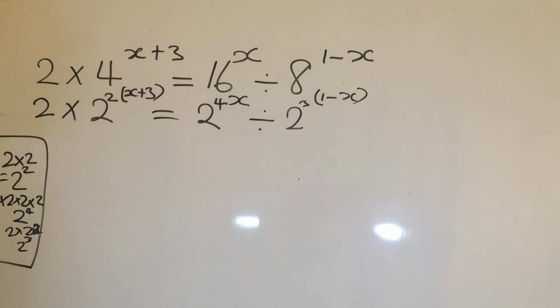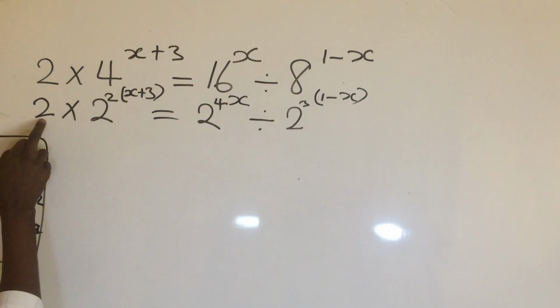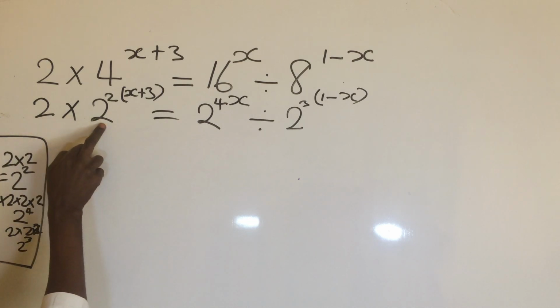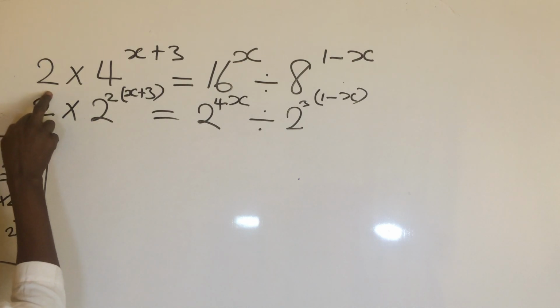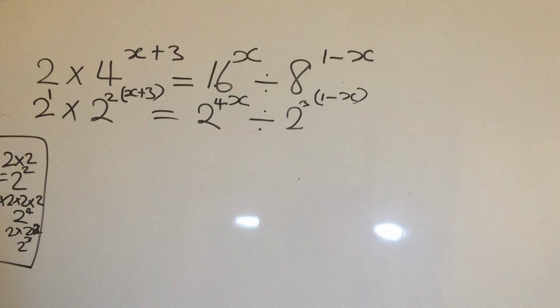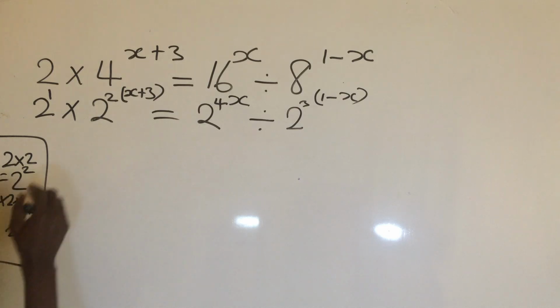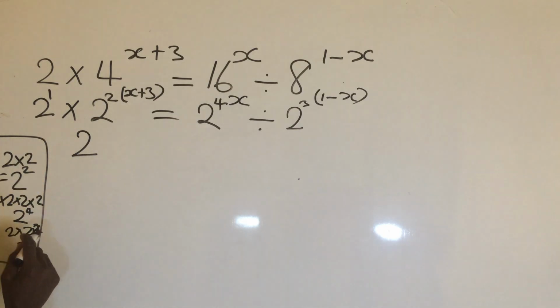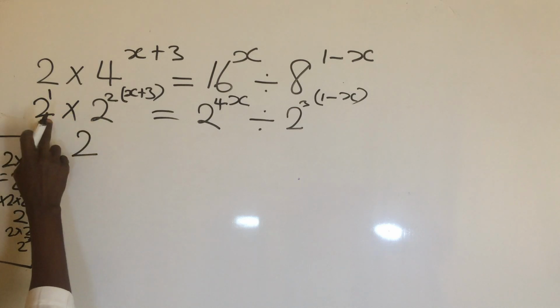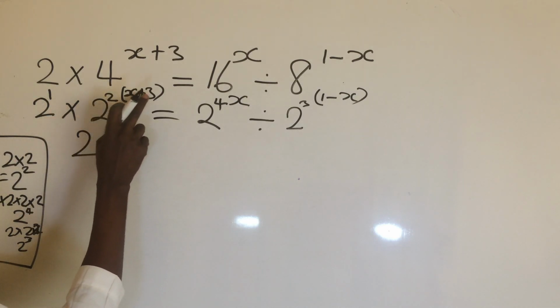Now we apply the law of indices. 2 is 2 raised to power 1, even though we don't write 1 here. The law of indices says for 2 times 2, we collect one of the base, which is 2, and add the powers. 2 raised to power 1 times 2 raised to power 2 in bracket x plus 3.